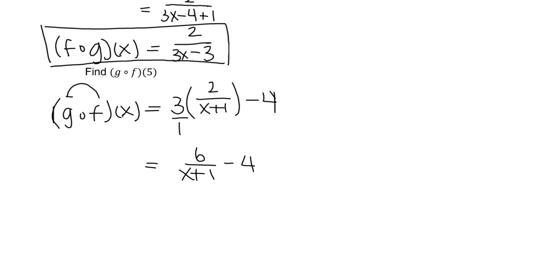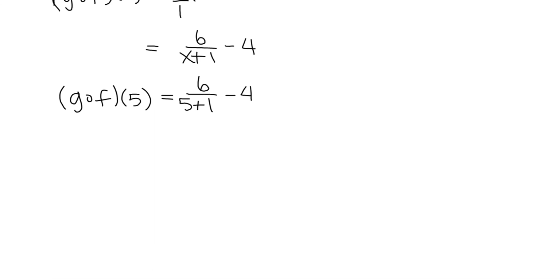I'm going to plug in 5 for x. So g of f of 5, now I'm going to replace every x with 5. So 6 divided by 5 plus 1 minus 4, which becomes 6 over 6 minus 4. 6 divided by 6 is 1, so 1 minus 4.